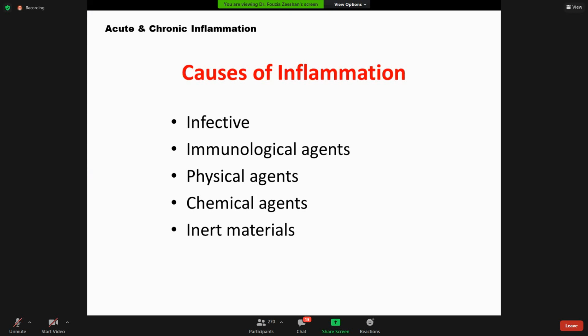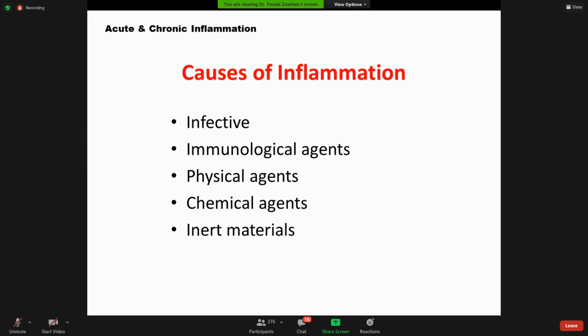Immunological agents include hypersensitivity reactions. Normally we have a protective immune system. Whenever our immune system damages our own body, in case of autoimmune diseases, inflammation starts occurring inside the body, and the body starts reacting against it.